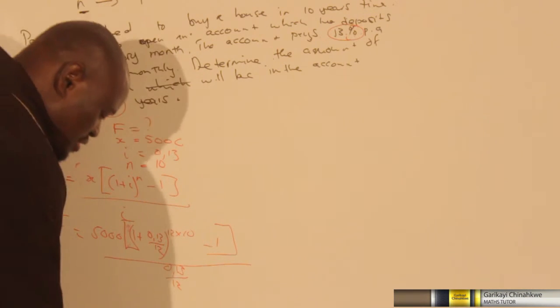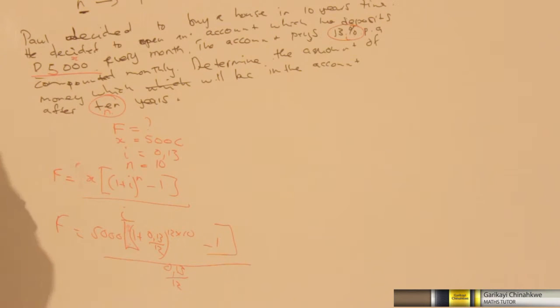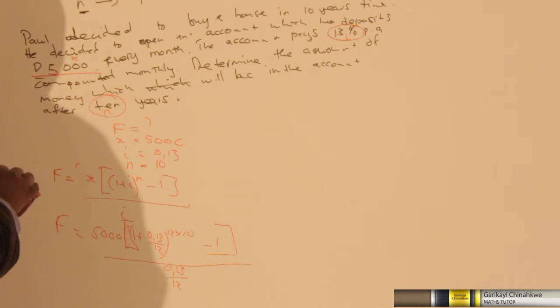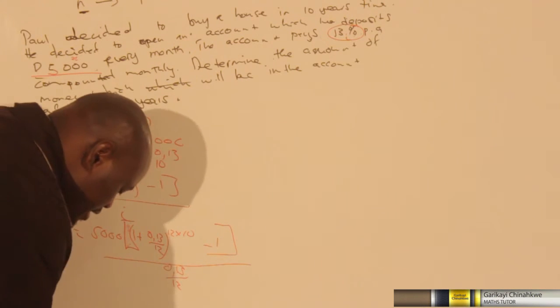So you say 5,000, then 1 plus 0.13 over 12 to the power of 12 times 10, minus 1, close brackets, over 0.13 over 12.